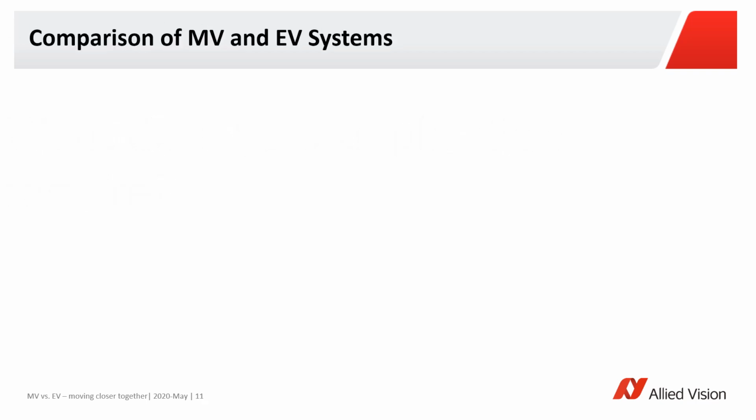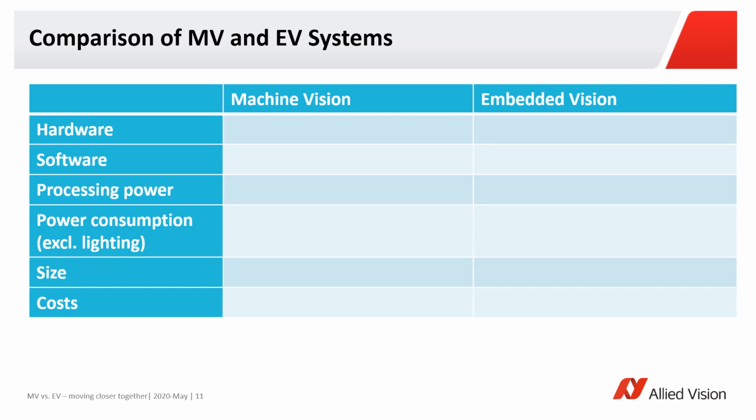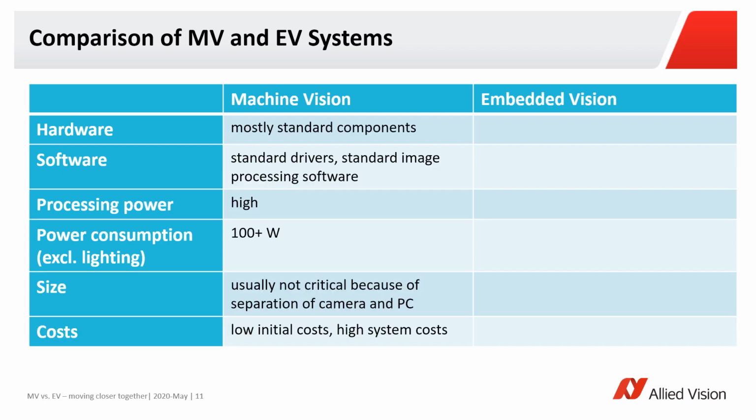Let's now compare the two systems. So we have a machine vision system on the left and an embedded vision system on the right. If we start with the machine vision system, in terms of hardware, machine vision systems are mostly based on standard components. That goes for the PC system, which is used.